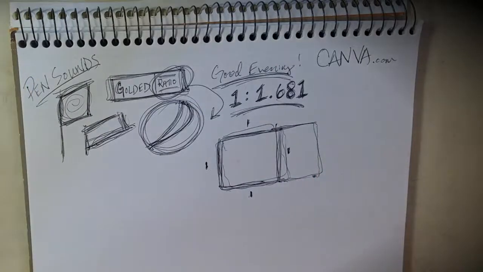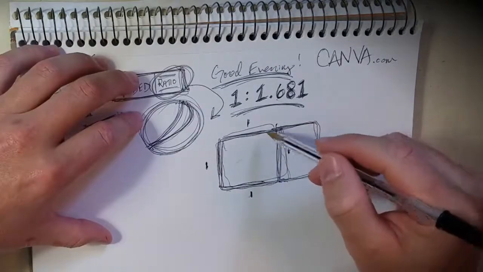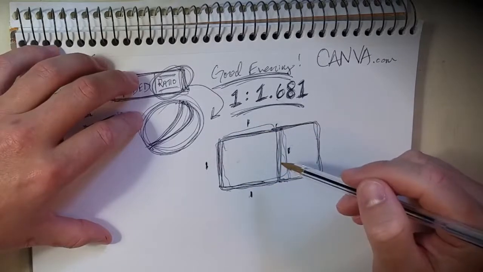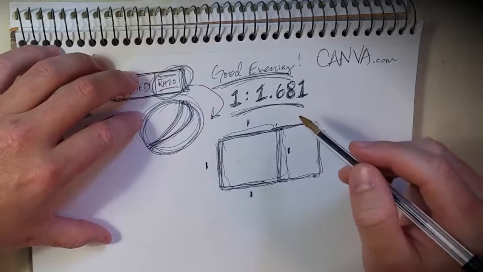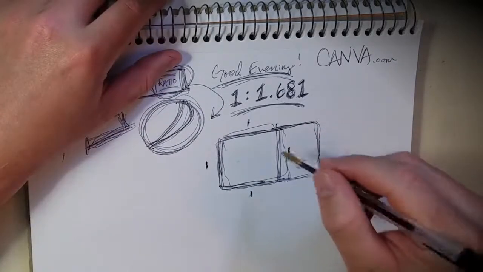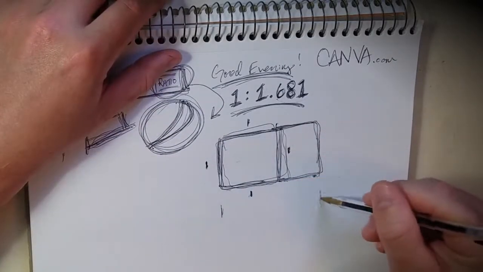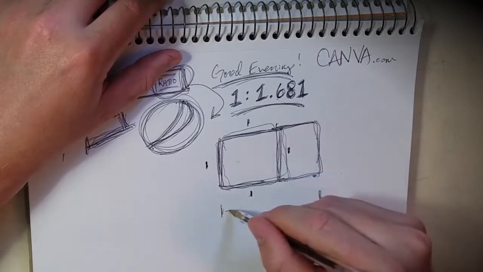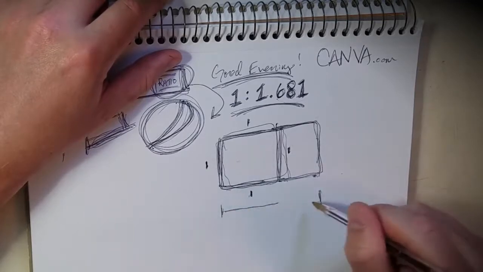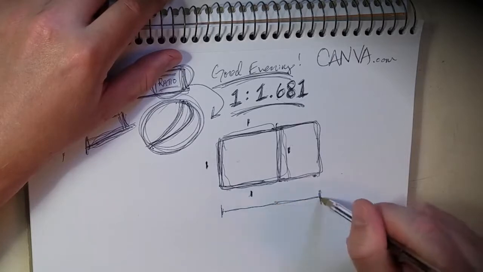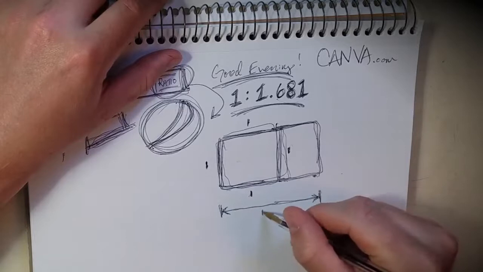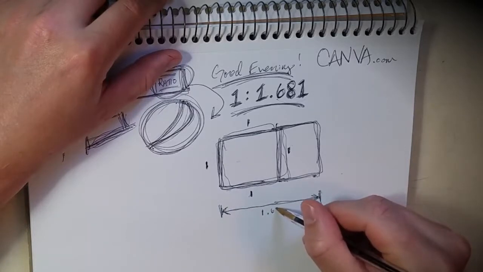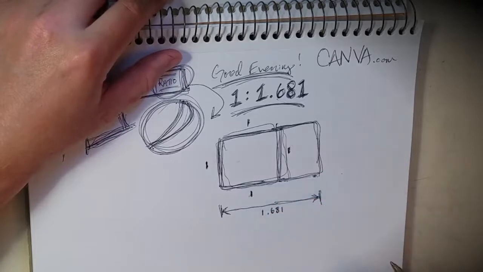Let me move the mic. We have a square with sides of 1 unit, and now we have a rectangle that we superimposed on top, and its total length is 1.681.